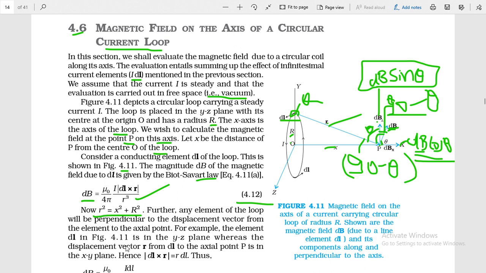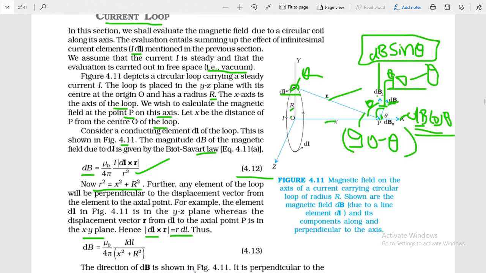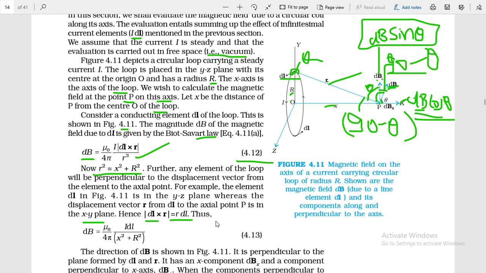For example, the element dl lies in the yz plane, whereas the displacement r from dl to the axial point P is in the xy plane. Hence dl cross r will be r dl, because in this case theta is 90 degrees, or you can say the angle between the line joining point P and element dl is 90 degrees. So dl cross r is equal to r into dl in scalar form.